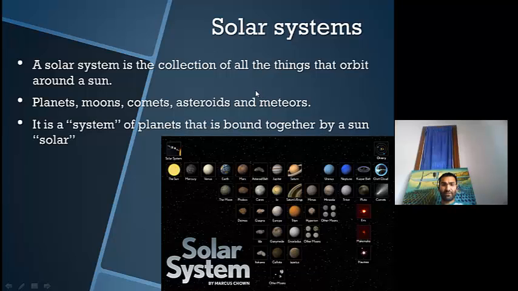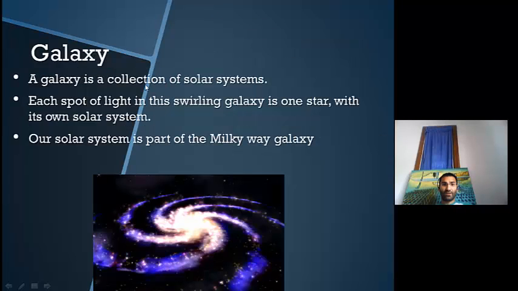Now, we're not the only solar system out there. When you get a bunch of solar systems and you put them all together, we call that a galaxy. We are part of the Milky Way galaxy. So we are one star in the Milky Way galaxy.